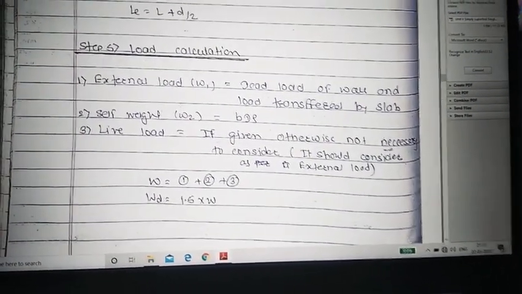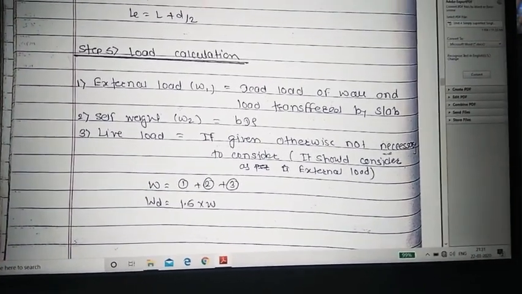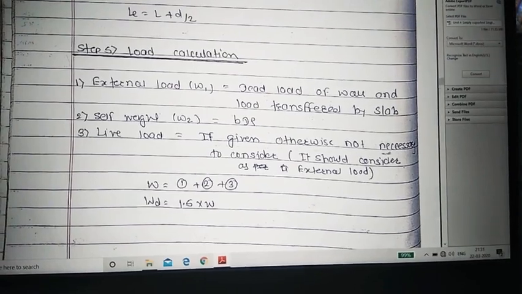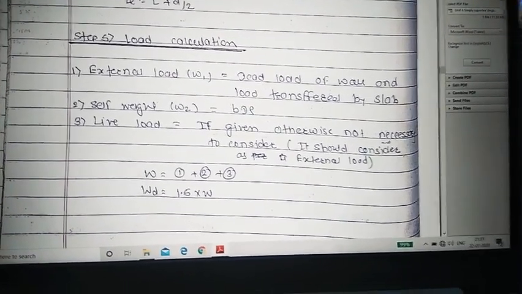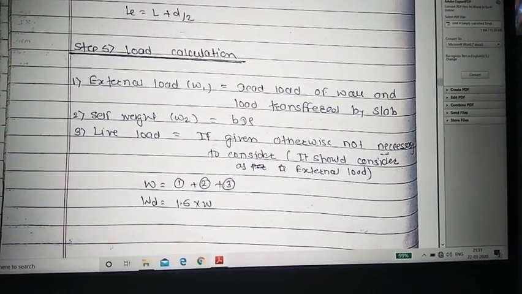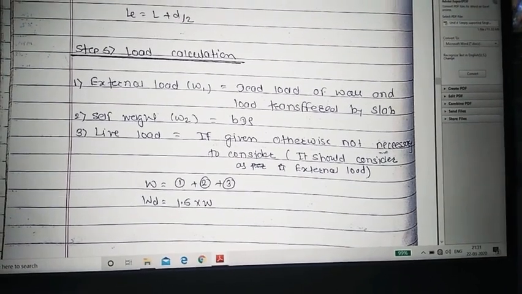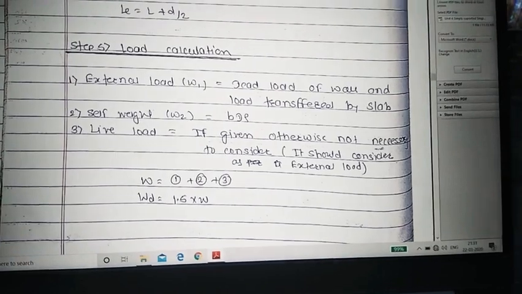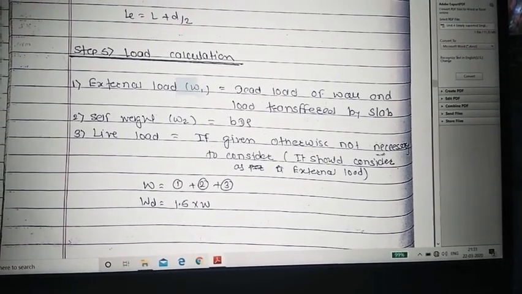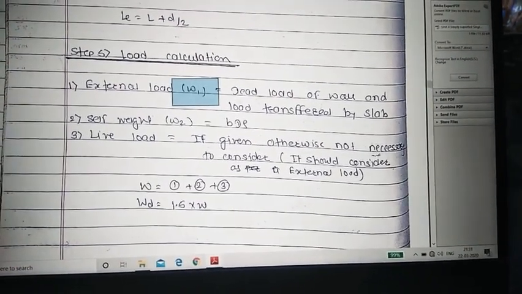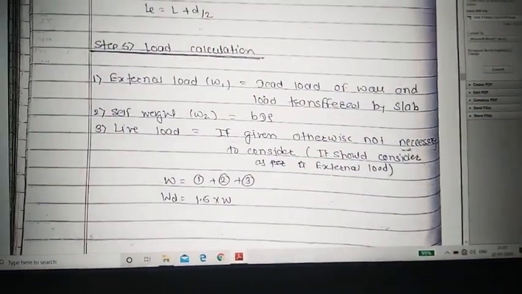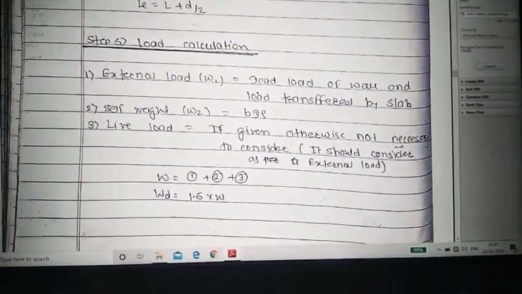Now after that, the next step is to calculate load. So for load here we are considering 3 loads. First load is the external load, that is W1, and W1 equals the dead load of wall and the load transferred by slab. Now see here, W1 totally depends on your weight of slab or total weight of slab transferred to the beam.